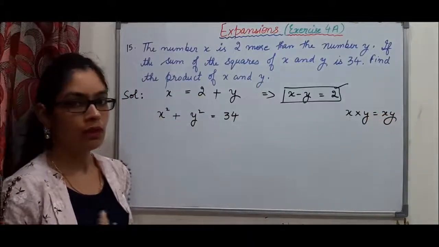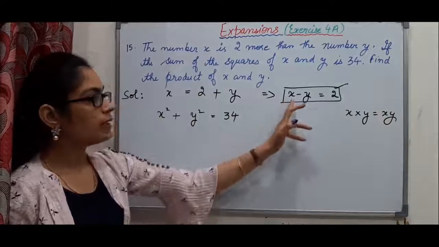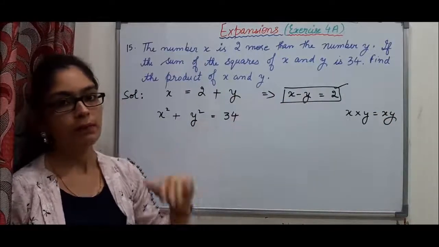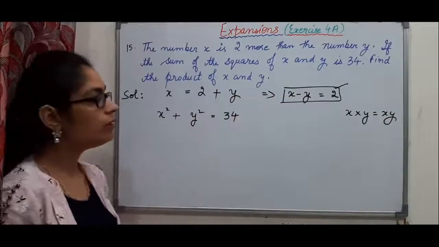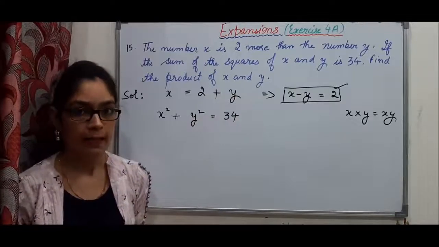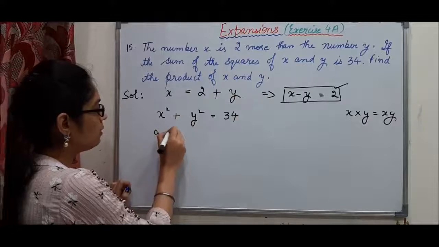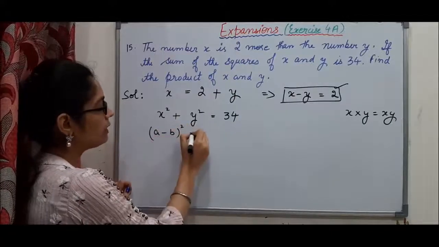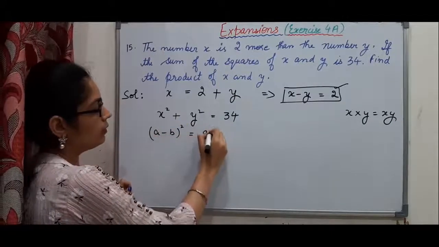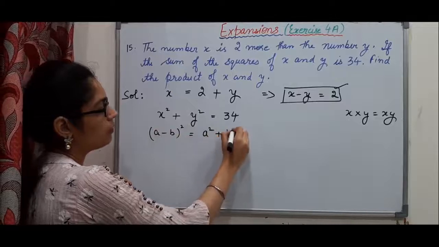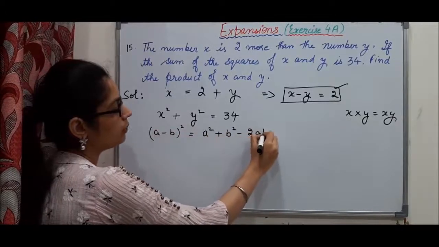See, we have to start from the given thing. Given is a minus b form. So if a minus b form is given to us, we will use the identity of a minus b whole square. So a minus b whole square is equal to a square plus b square minus 2 into ab.